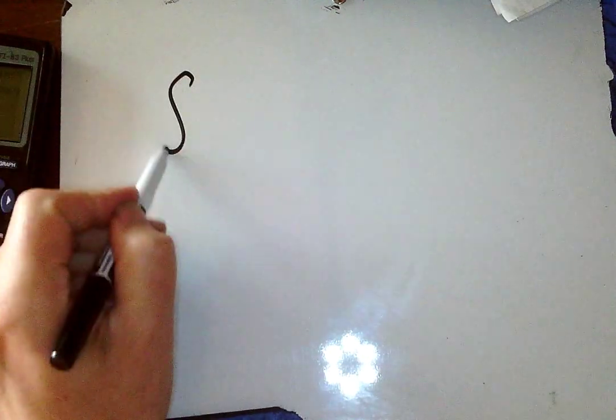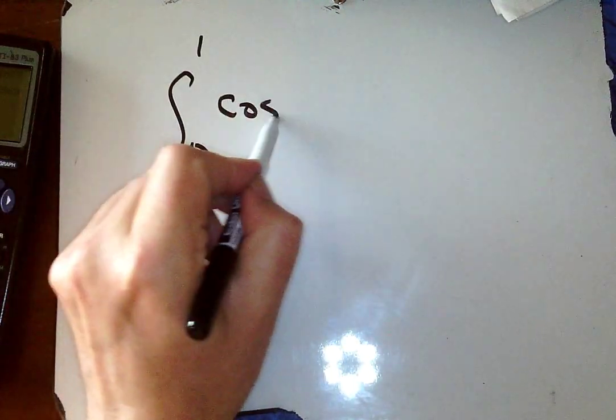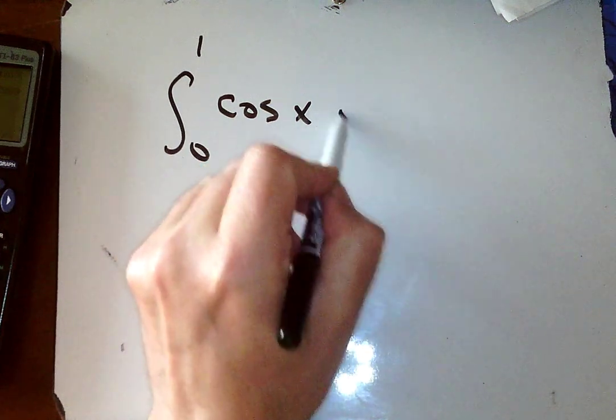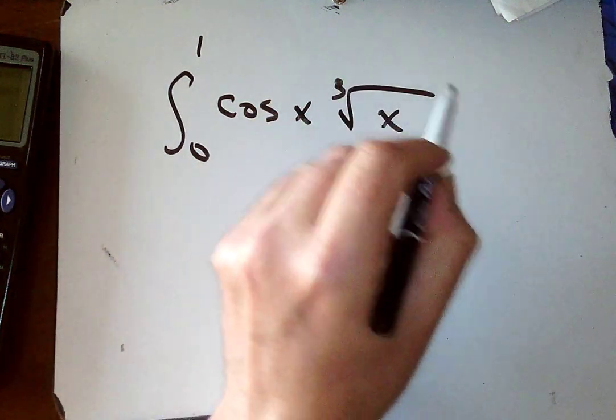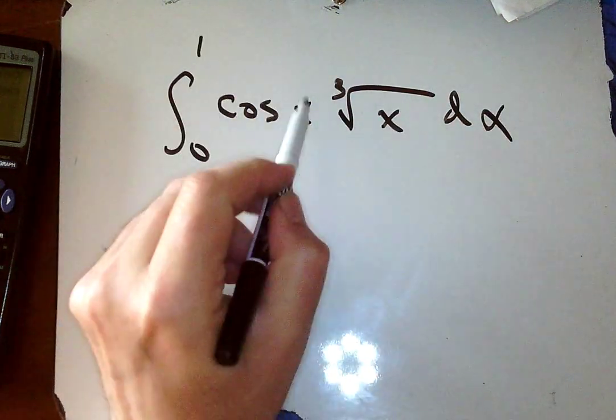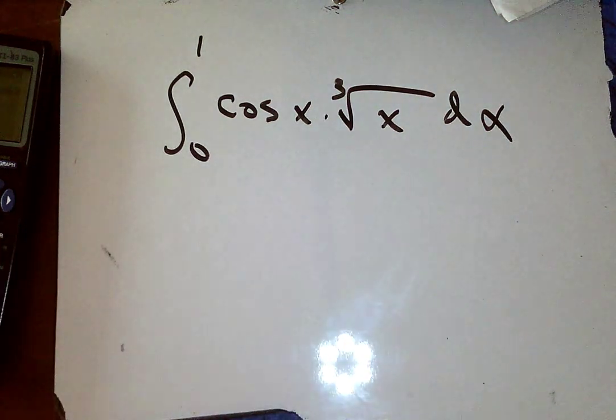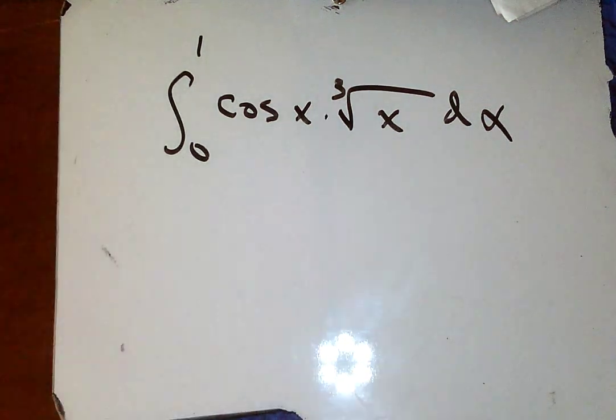And so just to practice that, we do this one. The integral from 0 to 1 of cosine of x times cube root of x dx. And yes, they're glued together with multiplication. Okay, so you do it, I'll do it, we'll compare answers. And the function.